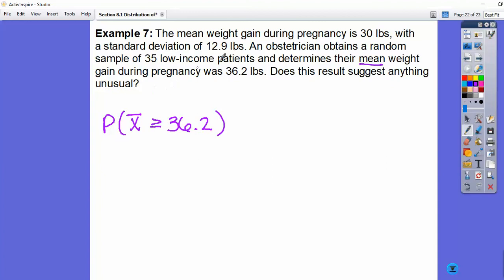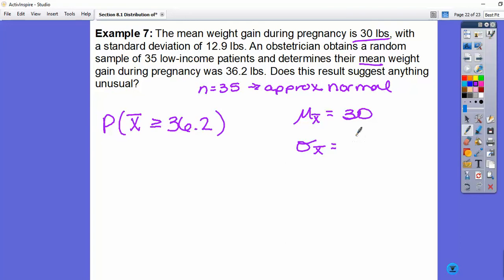What is the mean of, well actually, did this say it was normal? No, but it has a sample of 35. So n is 35, so that tells me it is approximately normal. Alright, so then we can change it to a z. So we need the mean and standard deviation for the mean. The mean would be the same as the original, 30. The standard deviation of the sample means would be 12.9 over the square root of 35, and you're welcome to convert that to a decimal if you prefer.